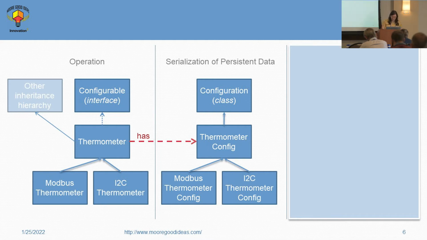So you guys are probably asking, why is that relationship not here? We want all configurables to have a configuration, and ideally that's what I want. All configurables do need to have a configuration, but unfortunately interfaces can't have class data.